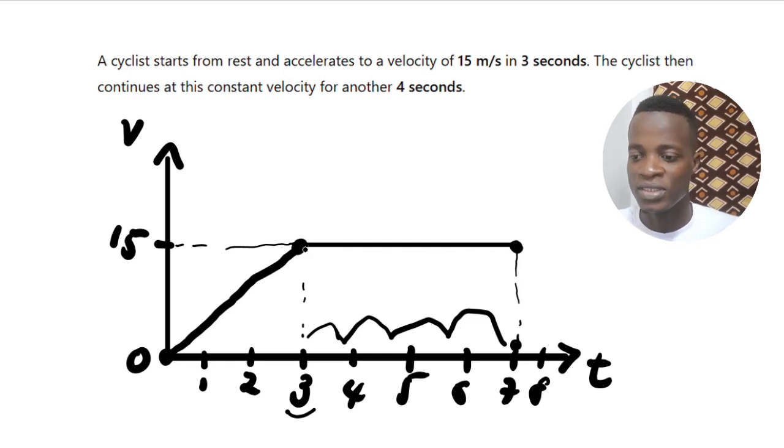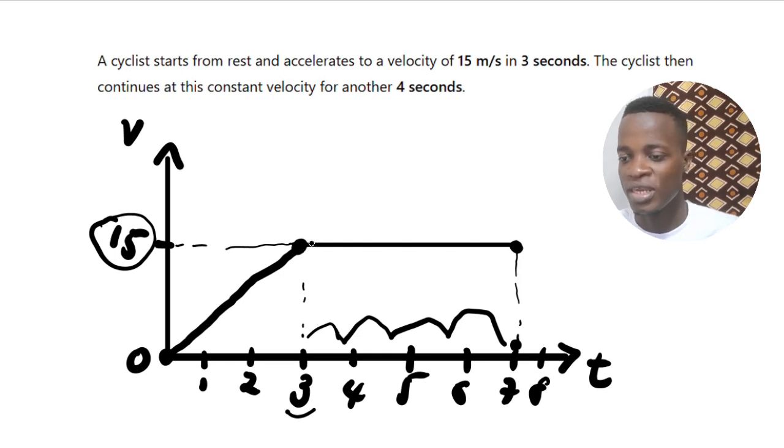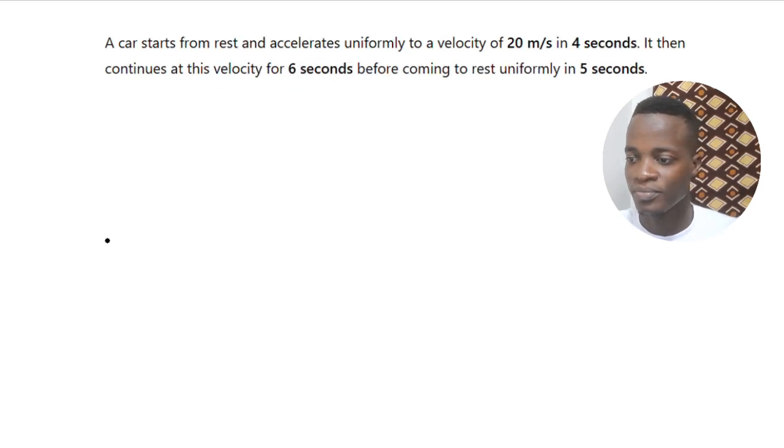If it is constant velocity, we expect a horizontal line. So we start from rest, we reach the 15, then they say we should maintain it constant, so we keep a horizontal line along that constant. If they say there's another acceleration or deceleration, we move appropriately with that. But we are taking it step by step. This is how to draw this particular one.